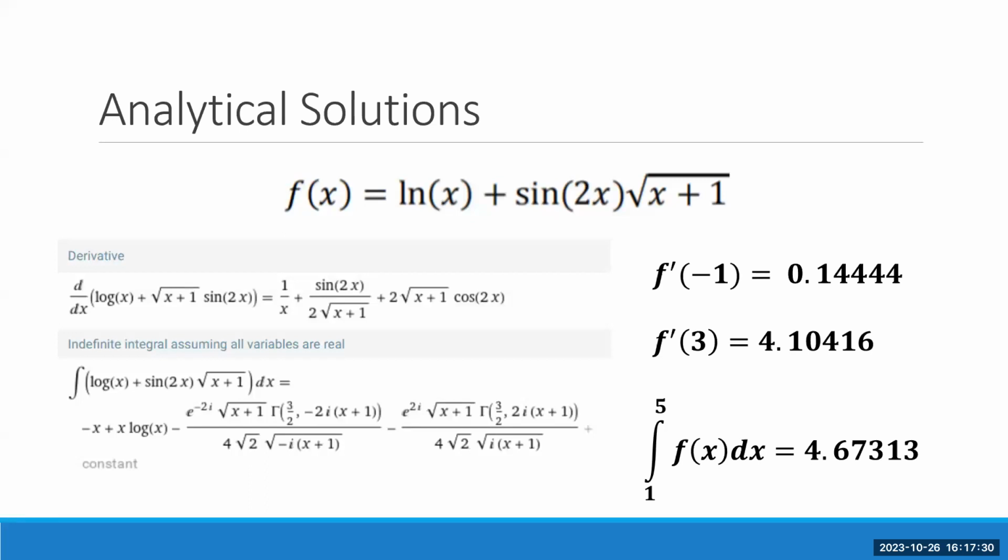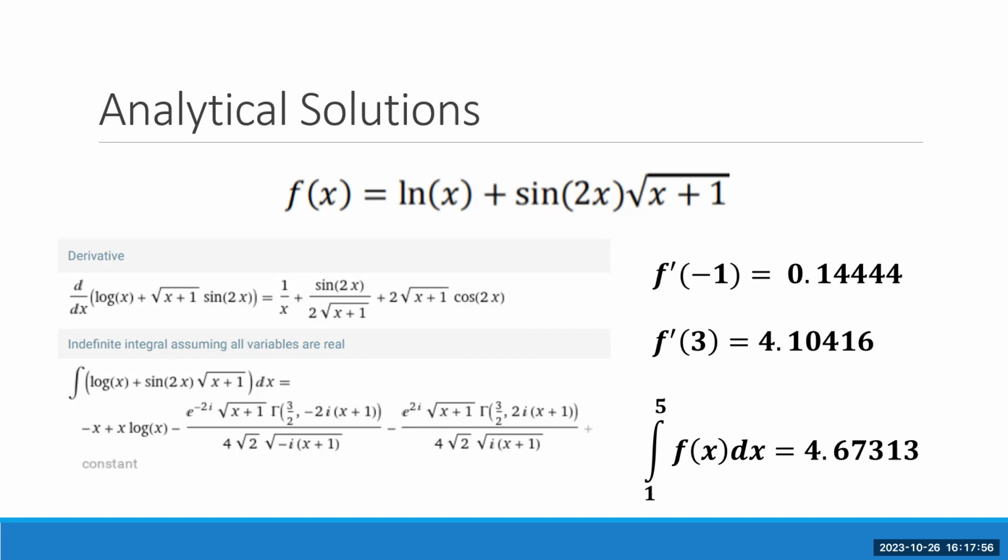The first derivative of the function at x equals 1 is given to be 0.14444, and the first derivative at x equals 3 is 4.10416. The definite integral of the said function from 1 to 5 is 4.67313. So these are the analytical solutions.